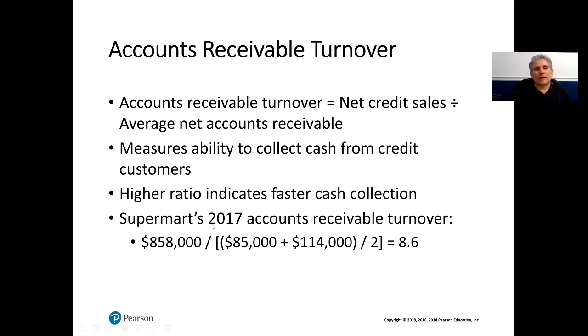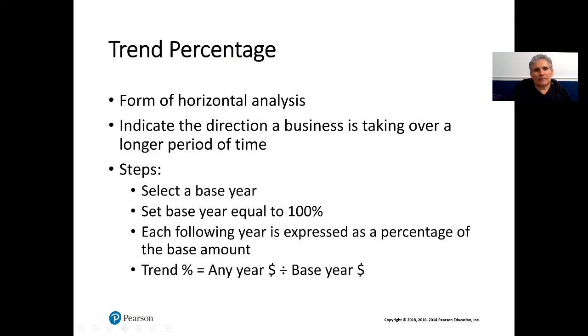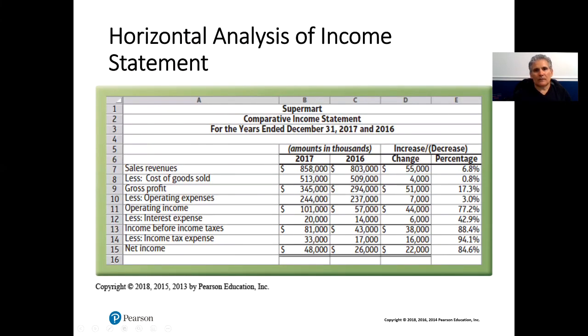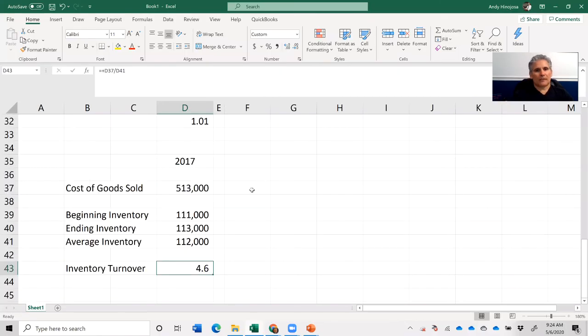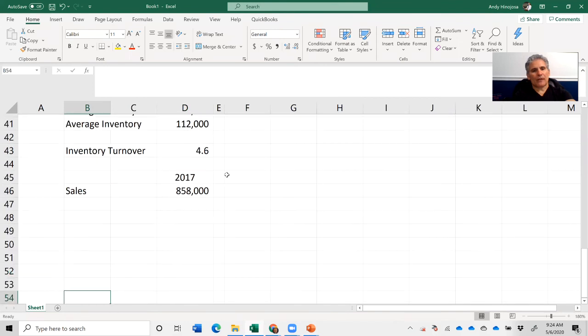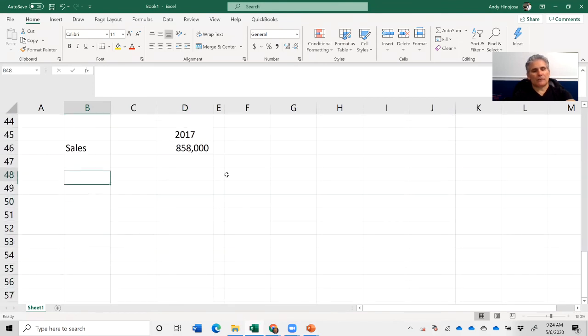All right, so we're going to need the income statement for sales for 2017. Supermart, comparative income statement, sales 858,000. So let's go ahead and plot that down. And then we're going to have to come up with our average AR balance. To do that, we have to come up with beginning AR.